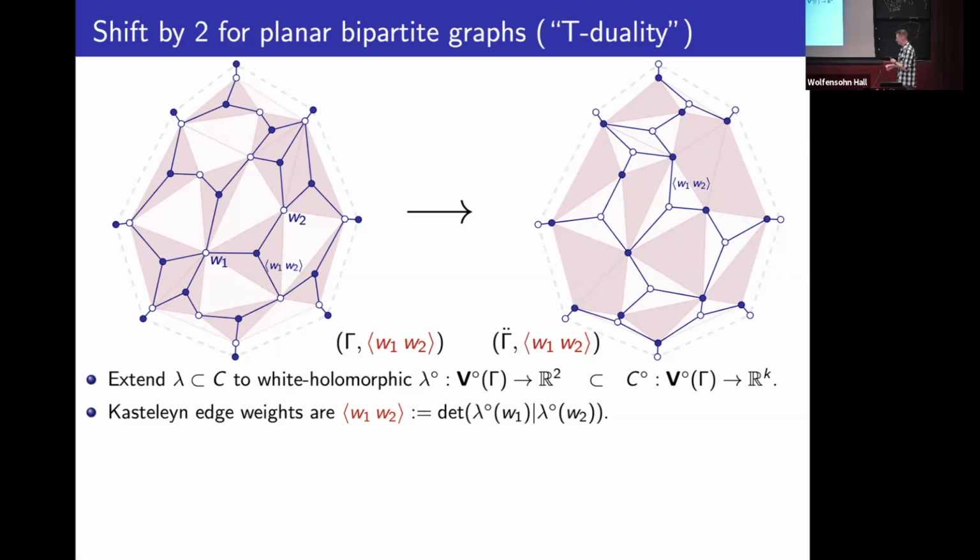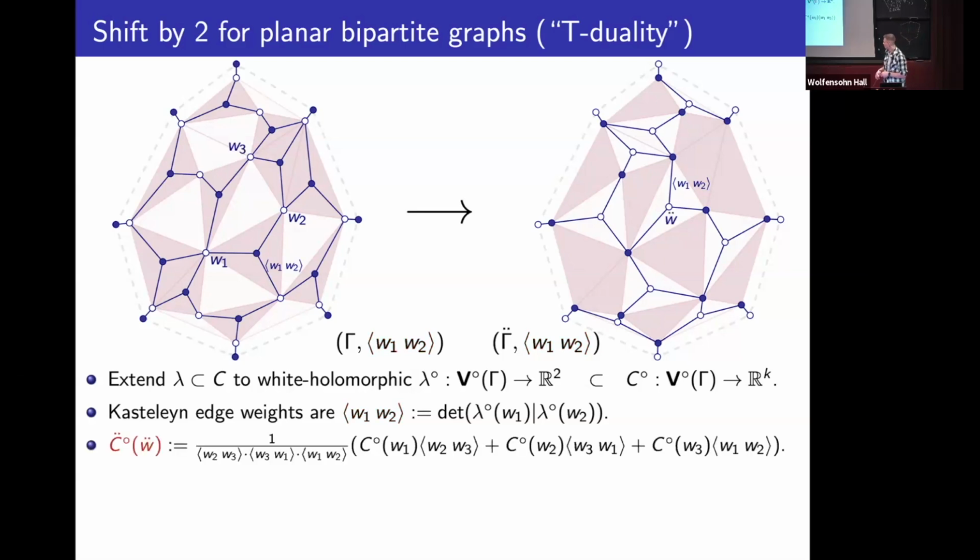Because these are vectors in the plane, there's a unique linear equation, and the coefficients are just these local little determinants inside of each triangle. That's how you transfer the edge weights. You take this determinant inside of each black triangle, and you use the same determinants for each white triangle. And so you get another shifted, weighted, planar bipartite graph.